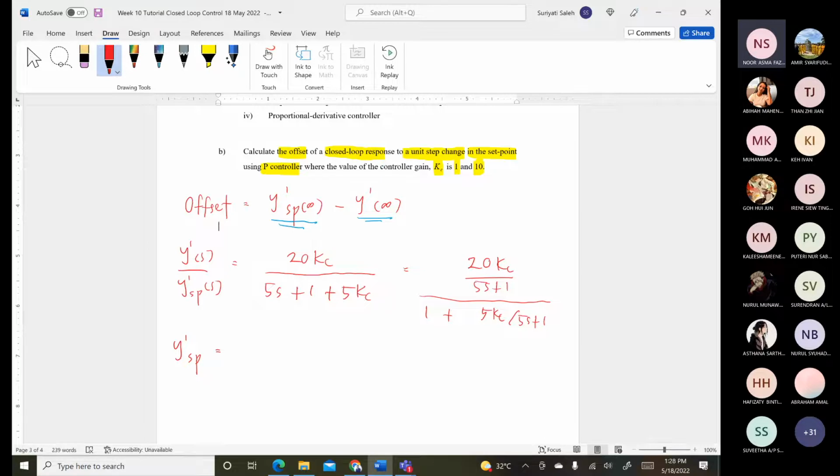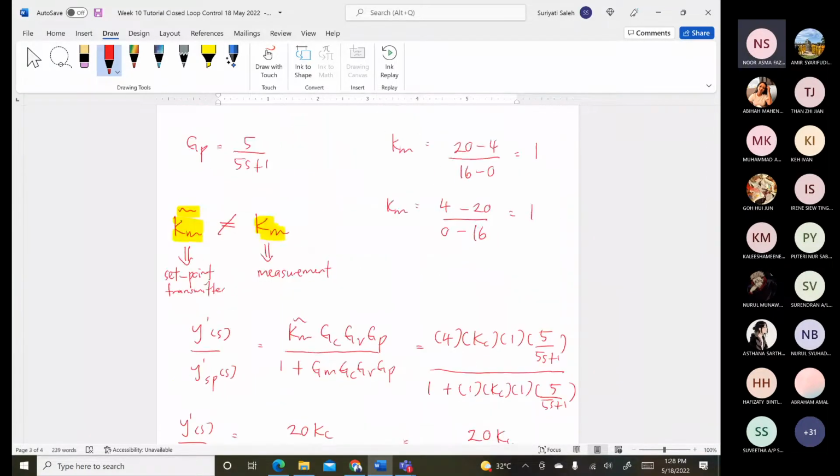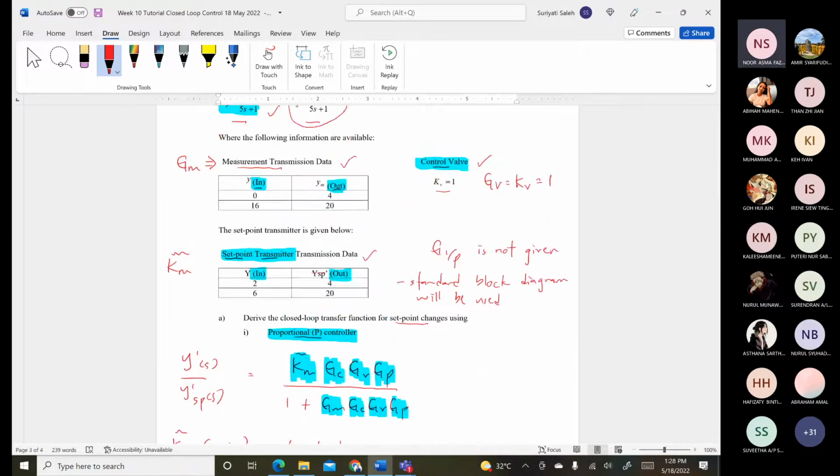So here the information given to you is a unit step change in the set point. So a unit means the y prime sp equal to 1. So you don't need to use the information set point from here. Although you have the set point here, you don't need to use it, because here we base on the given statement.